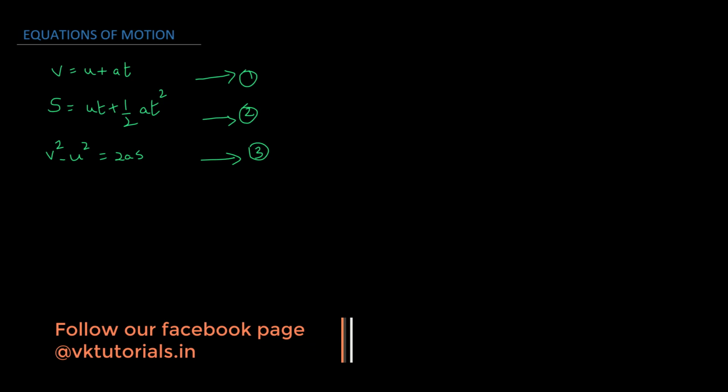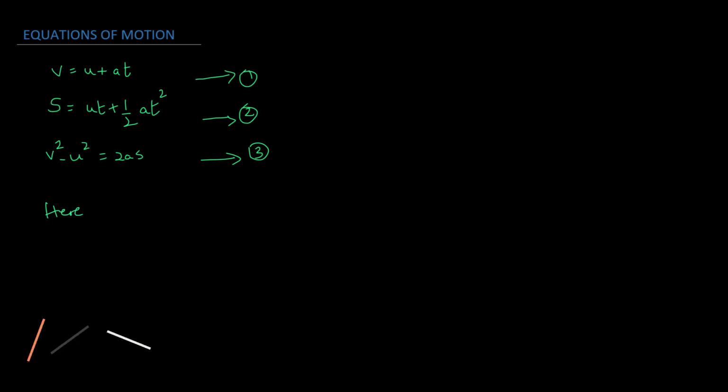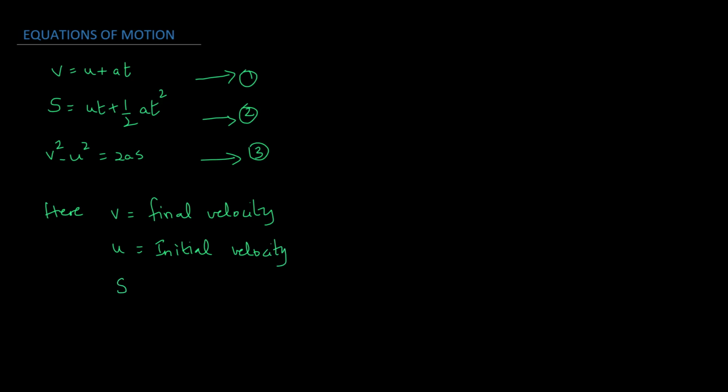Here, v is the final velocity, u is the initial velocity, s is the total displacement traveled by an object, a is the acceleration attained by the object, and t is the time taken or time period taken by the object.